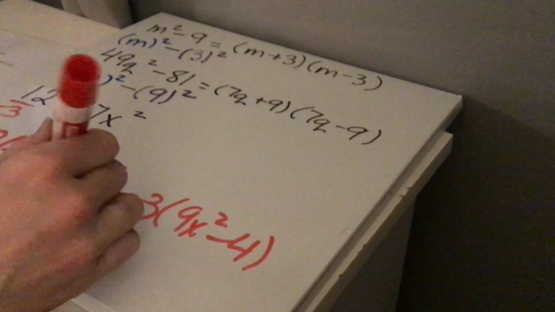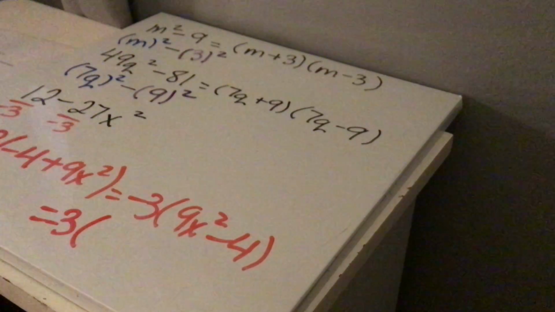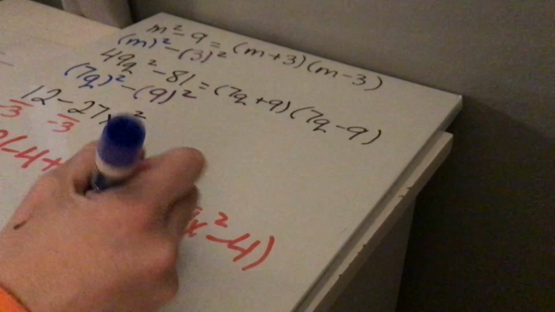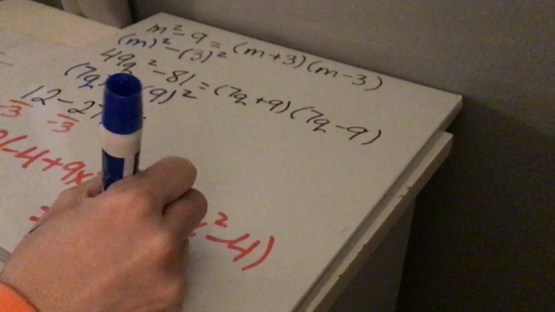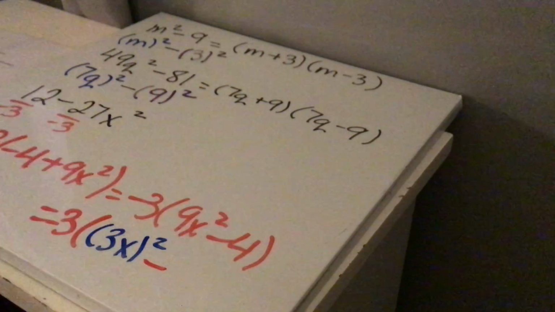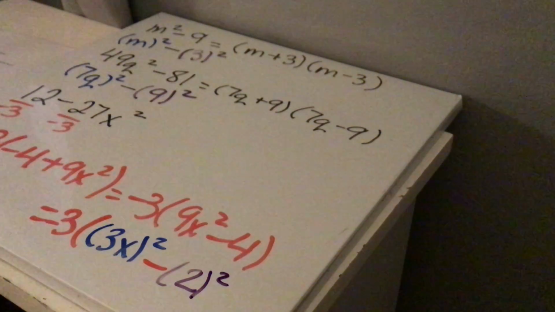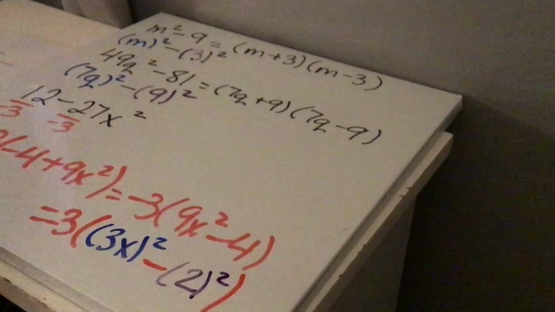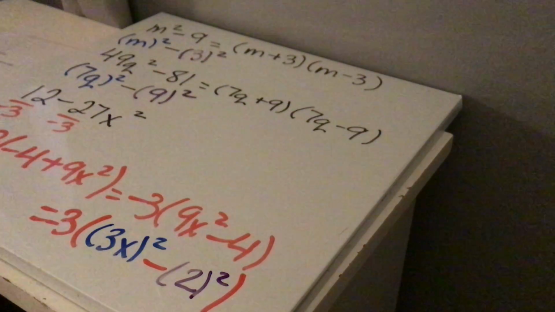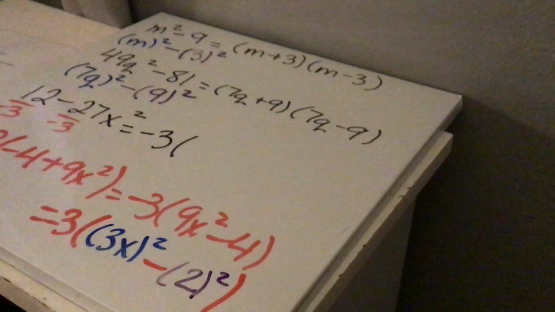Well, can this be written as the difference of two squares? So 9x squared is just 3x squared, and 4 is just 2 squared. So I do have the difference of two squares here. So when it comes to factoring, I still have a negative 3 out in front because that's what I took out.